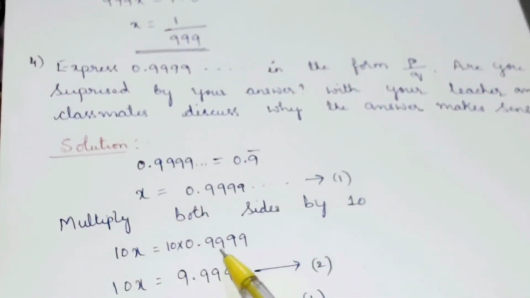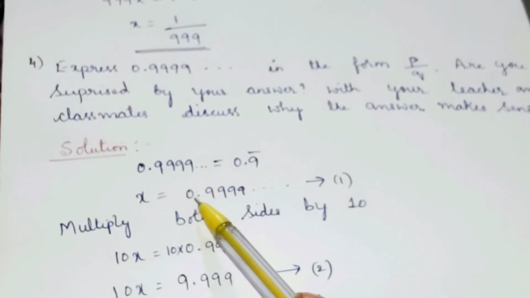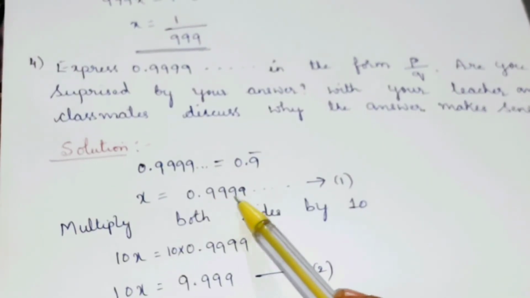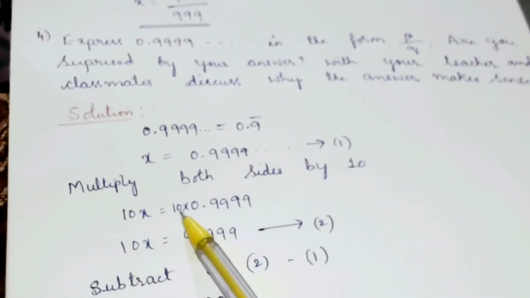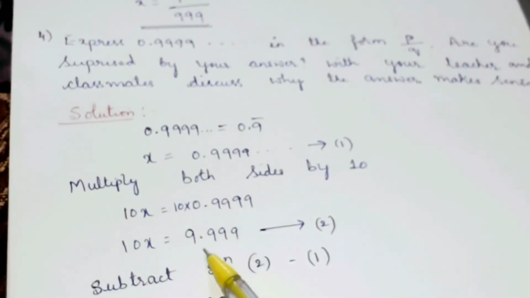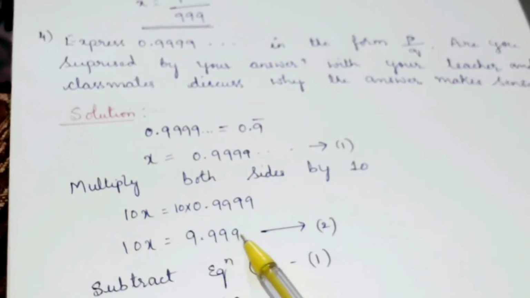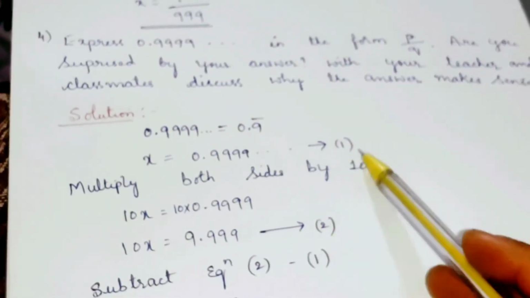If you multiply both the sides, then it will become 10 into x and 10 into 0.9999. 10 into x is 10x. Since there is a 10, the decimal point will shift, that is 9.999. Let me call this equation 2. Here I have two equations.